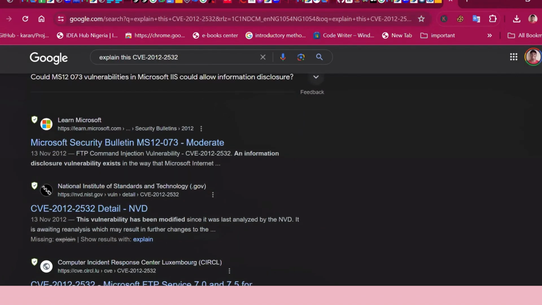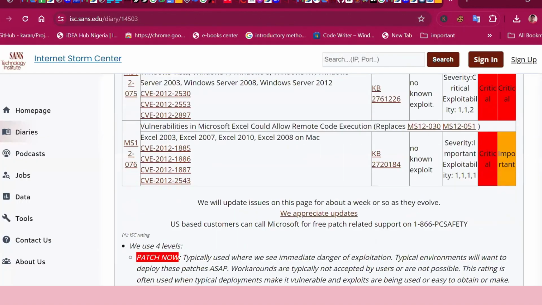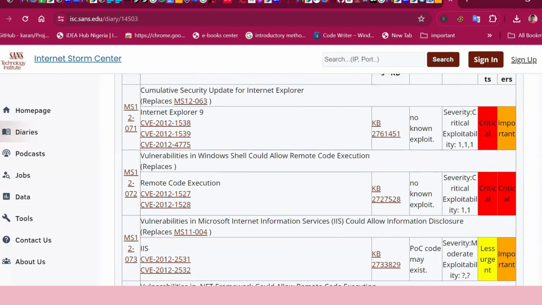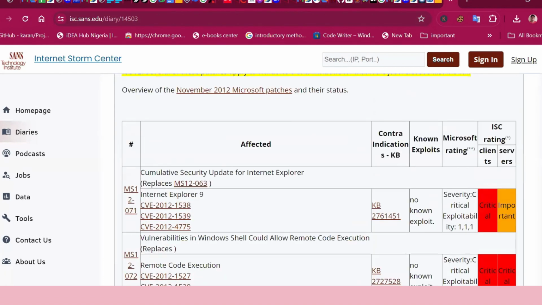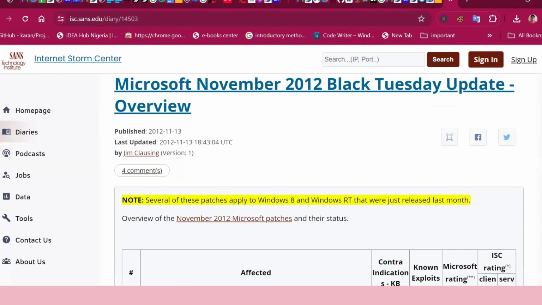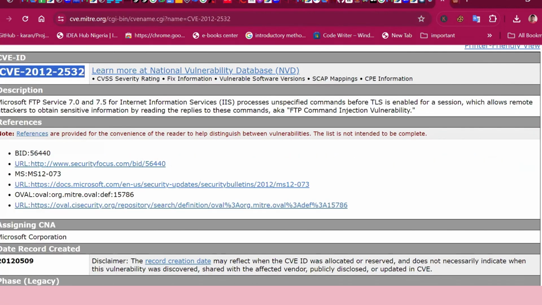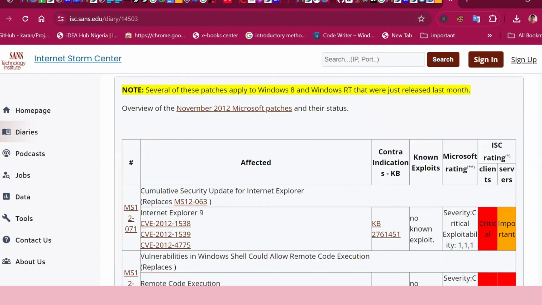Okay, it's Microsoft. So it's 2532, that's the CVE ID.